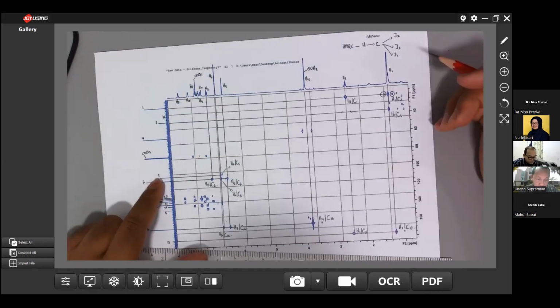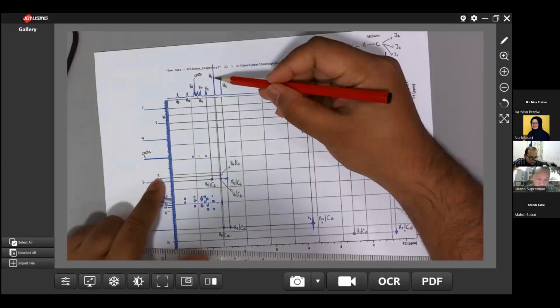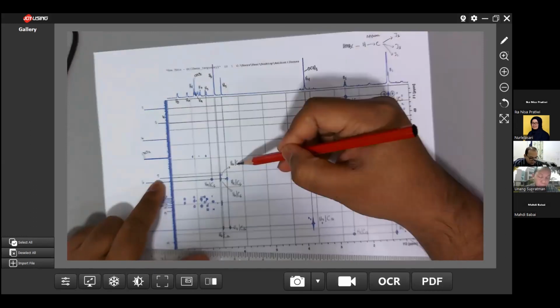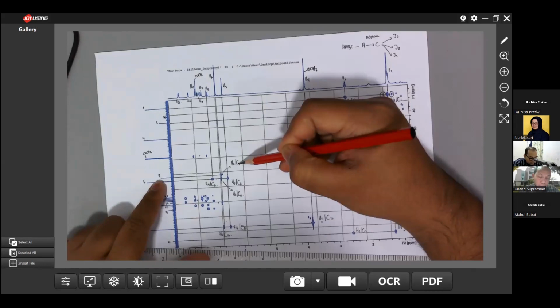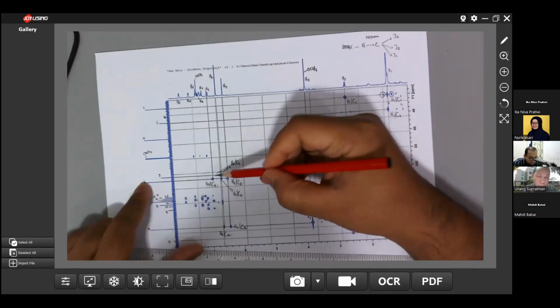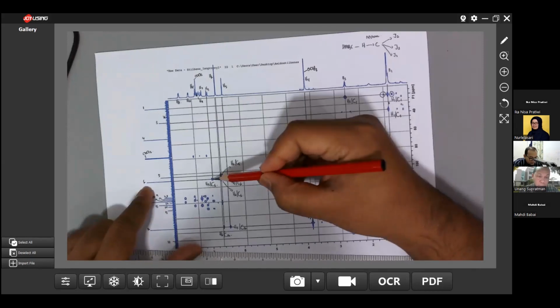Next, what we can do is proton 6 can see carbon number 5 for this one. Proton number 13, carbon number 6.